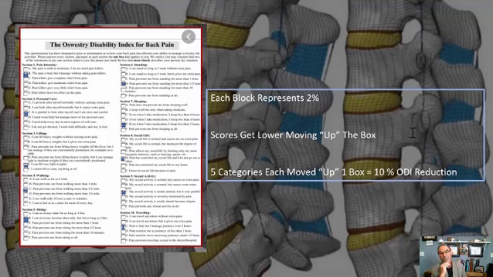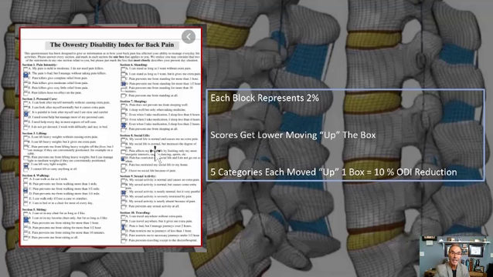Now, I didn't write it here, but I think our score on the example that we gave earlier graded out at around 46%, which is a moderate level of disability. And we've talked about minimal clinically important difference as being 10%. So I want to show what 10% would mean to you.